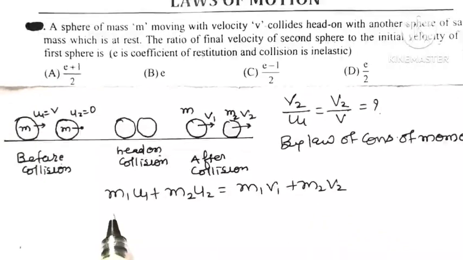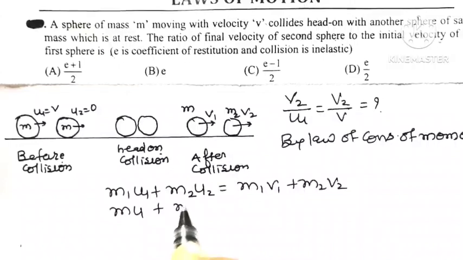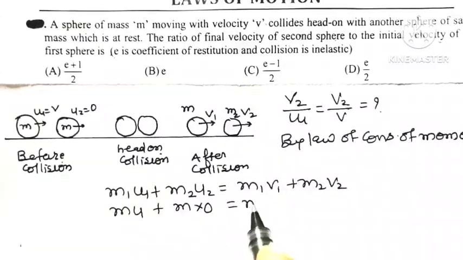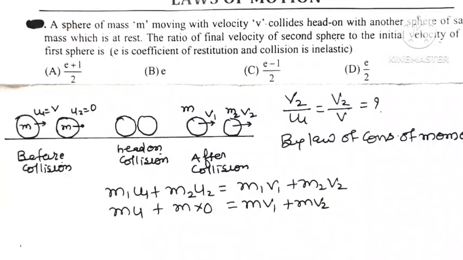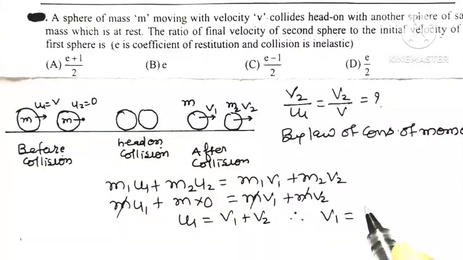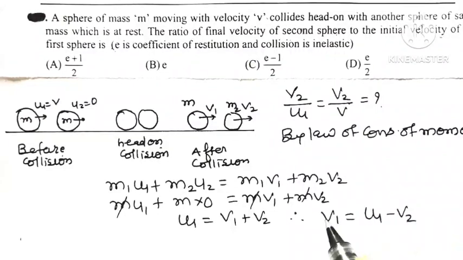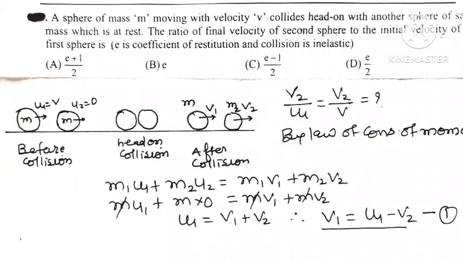So m u1 plus m into 0 is equal to m v1 plus m v2. The m on both sides gets cancelled. So we have u1 equal to v1 plus v2, or v1 is equal to u1 minus v2, say equation number 1.